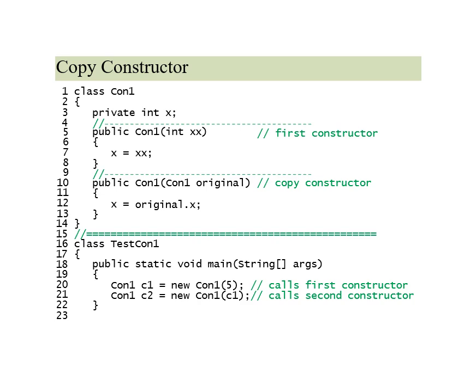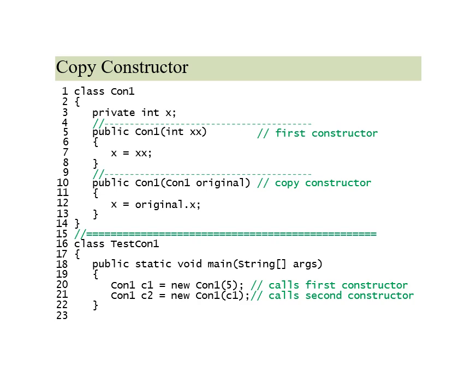So that's going to access the X in the object to which original points, which is the first one, the one I created on line 20. And then the right-hand side of that assignment statement on line 21 is going to return a pointer to this second object, which is then assigned to C2.